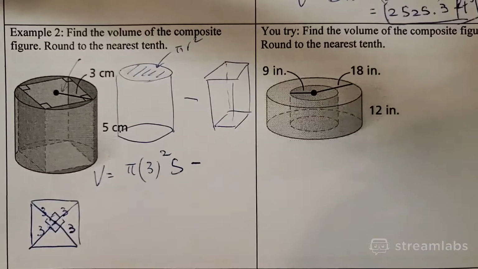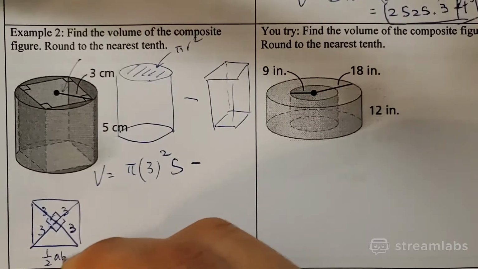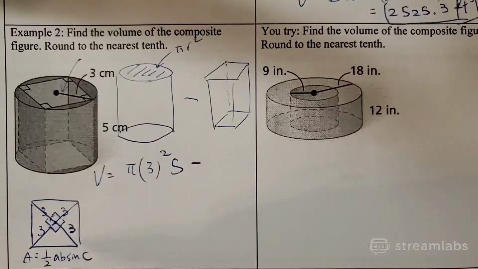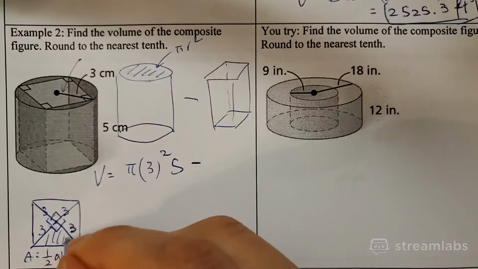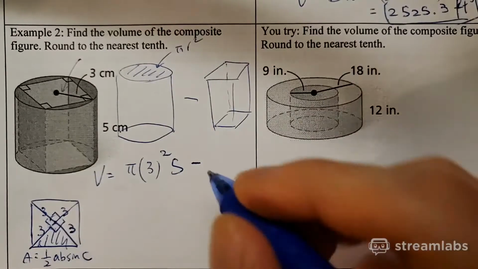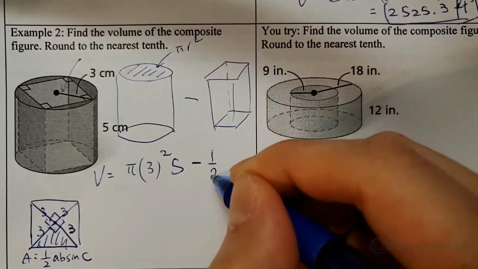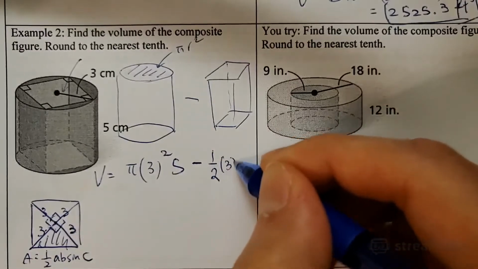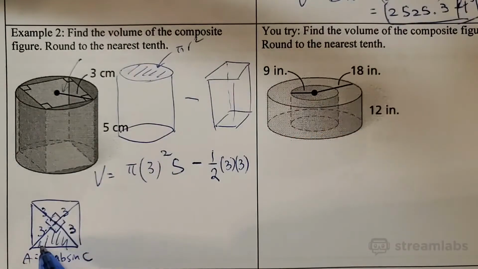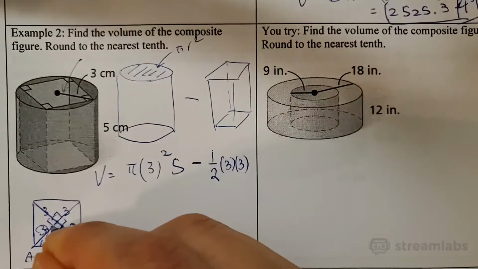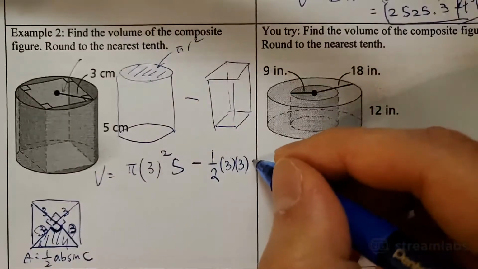So you can use Pythagorean Theorem to find the third side. That's also possible. Or you can just use the other formula we use, 1/2 AB sine C. Remember that? That's an area formula. I'm going to use that and then times 4. I'm going to find one triangle and times it by 4. So area is 1/2 AB, 3 times 3, sine of the included angle, which is 90 degrees.